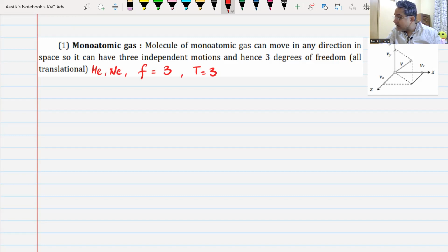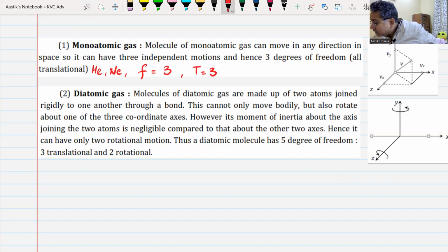But once we talk about diatomic gases, they can move in space in 3 dimensions, but at the same time, the molecule can rotate because now it's a molecule. You can see this is one molecule. If I consider this molecule, the moment of inertia about this axis, because the molecule lies on this axis, would be 0.